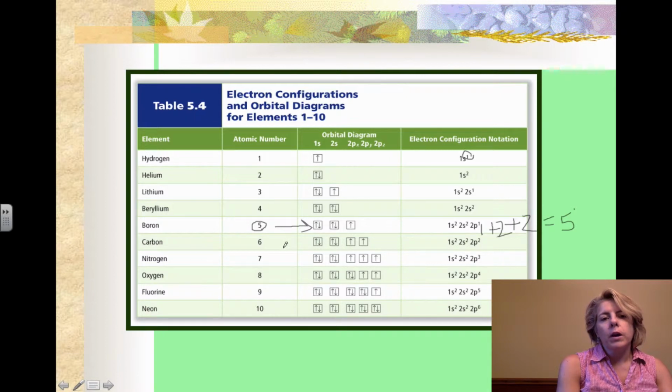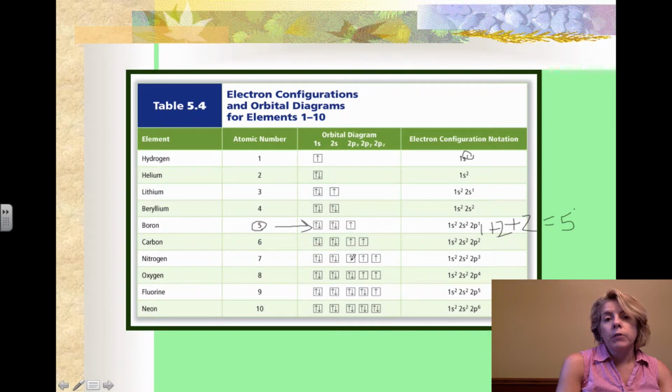Okay, so with carbon, we're looking at, once again, a single electron occupying each suborbital before you have doubling up.